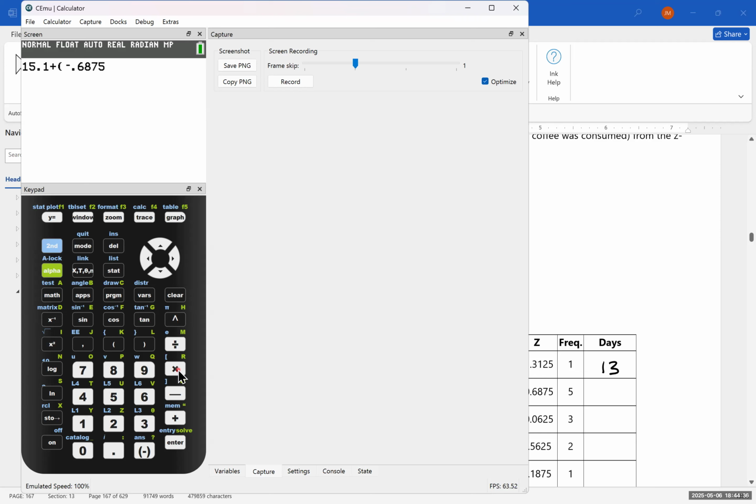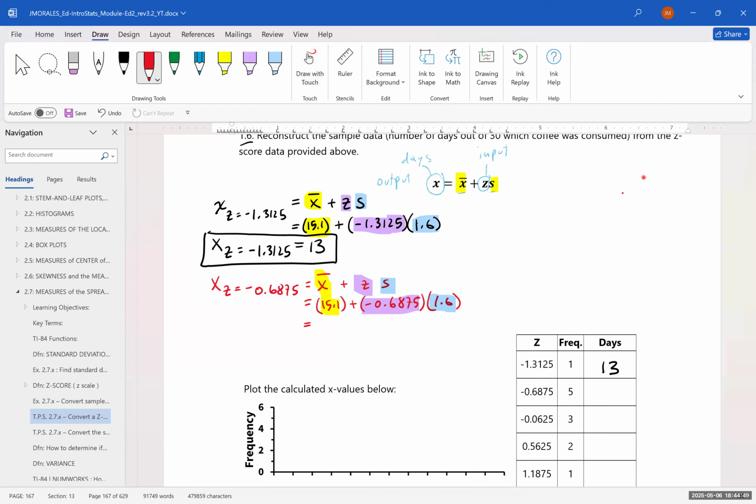I see that very often. Then 1.6. Hit enter, and we get 14. So x when z is equal to negative 0.6875 is 14.